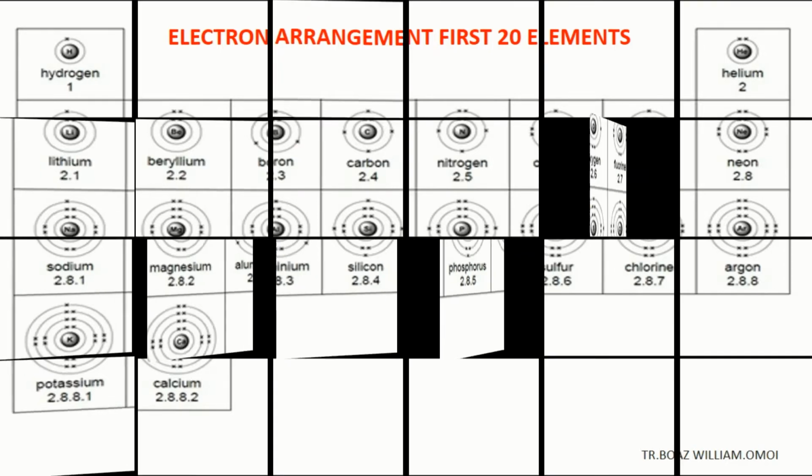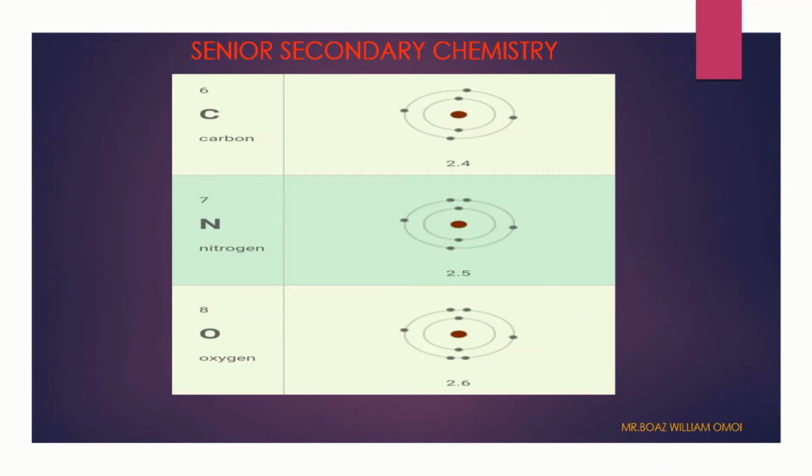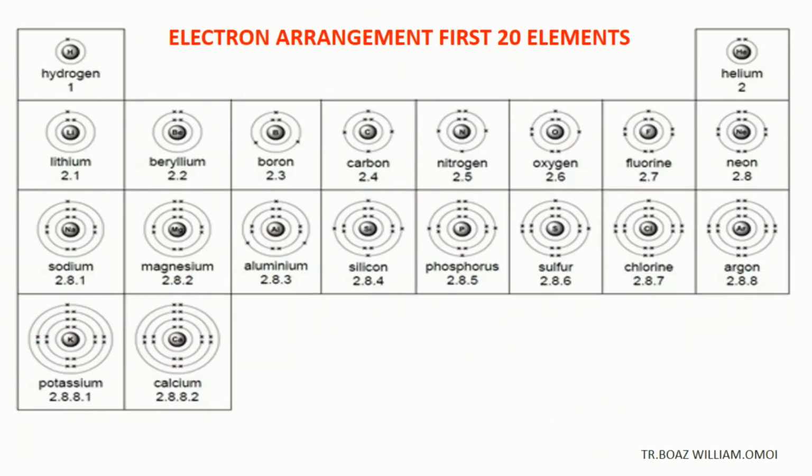For nitrogen, which is atomic number 7, the electron arrangement is 2-5. For oxygen, which is atomic number 8, the electron arrangement is 2-6. Fluorine is atomic number 9, therefore it's 2-7. And neon, which is atomic number 10, is 2-8.